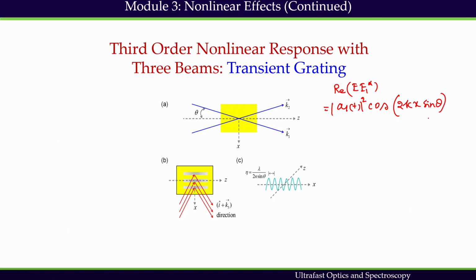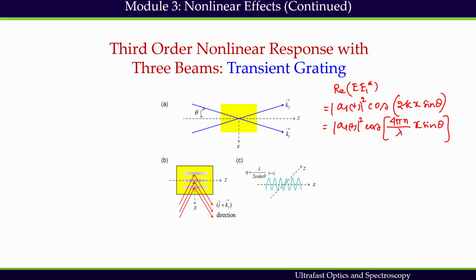And k, we know, as previously written, is 2 pi n by lambda, so we get cos of 4 pi n by lambda x sine theta. This is 2 pi for k, and this multiplied by 2, that's why we get 4 pi. So this is the expression we get for the real field.